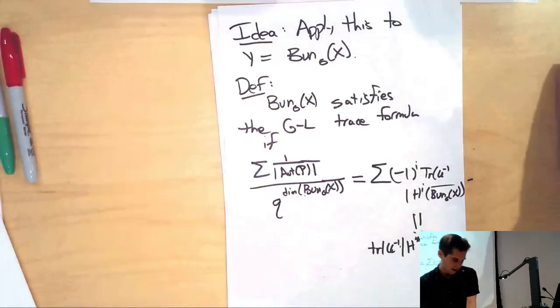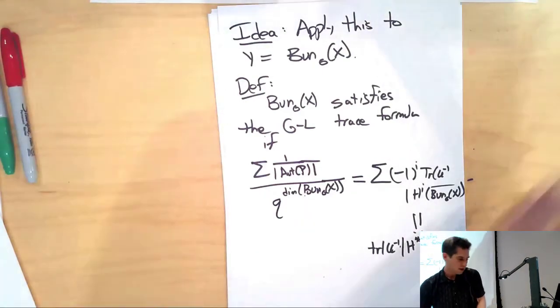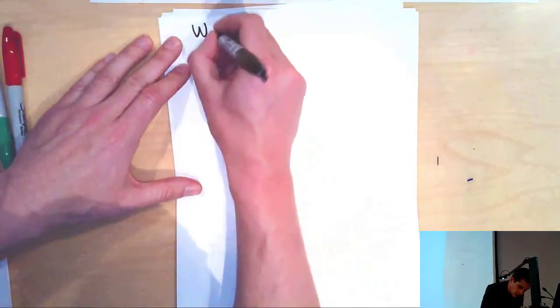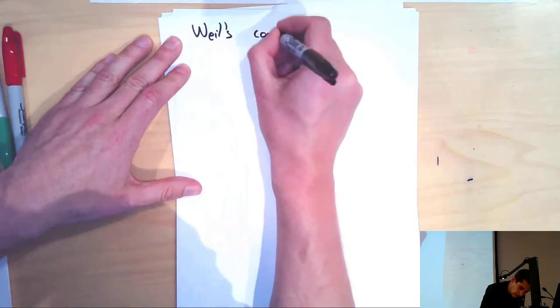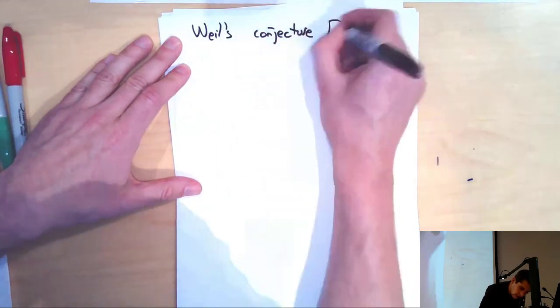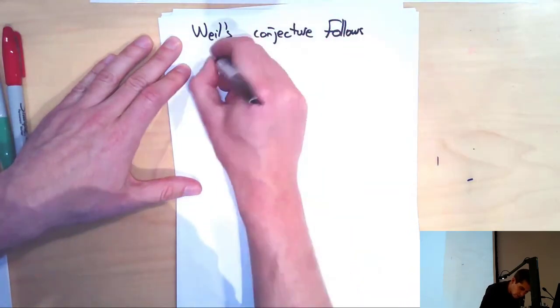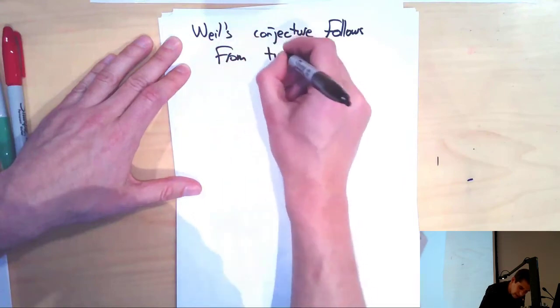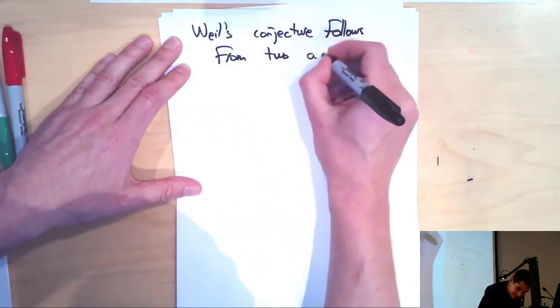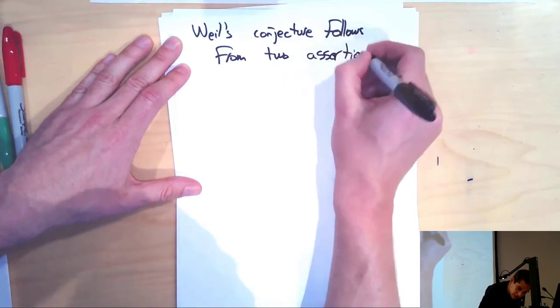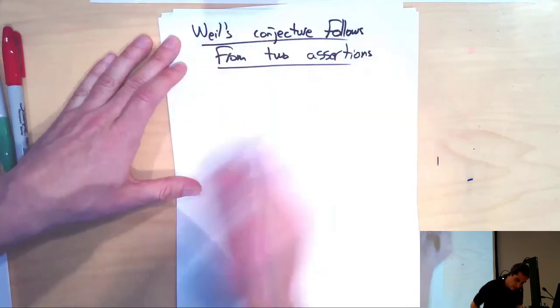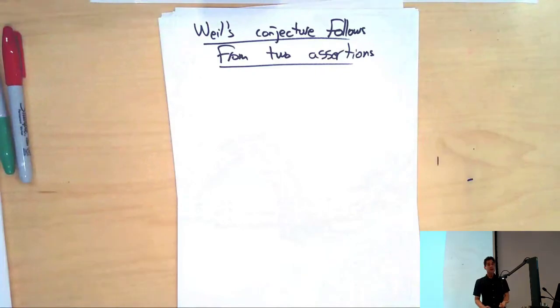And therefore, if you wanted to prove Bayes conjecture, you could try to do it in 2 steps. So Bayes conjecture follows from 2 pieces, or 2 lemmas, 2 assertions. The first is that the Grothendieck-Lefschetz trace formula is actually okay in this context.